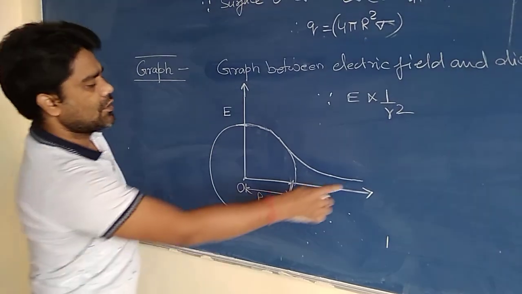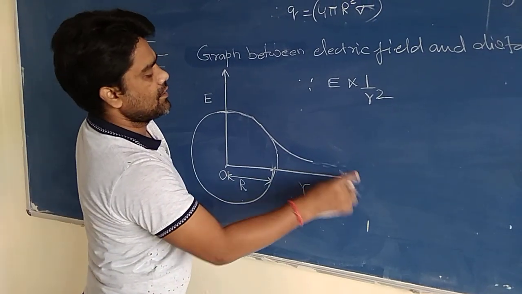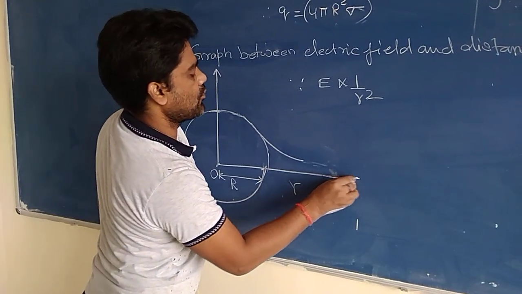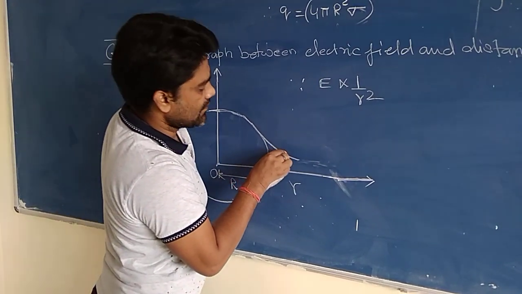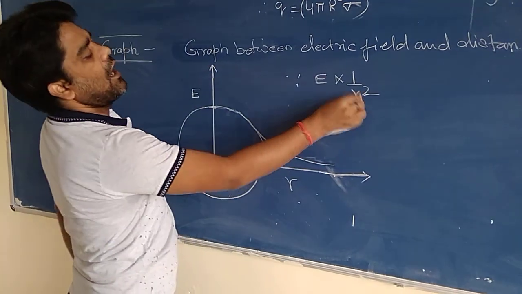This graph shows the electric field is inversely proportional to r square.